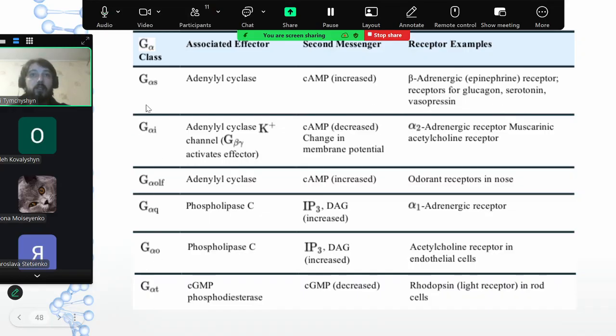Here we have different types of these G alphas. We will probably be mostly interested in how they interact with adenylyl cyclase, that's one, and with phospholipase C. There's another pathway where we create inositol triphosphate and diacylglycerol. I will show you the formulae. Examples are alpha-1 adrenergic receptor or acetylcholine receptor in endothelial cells. I guess we will get to that.